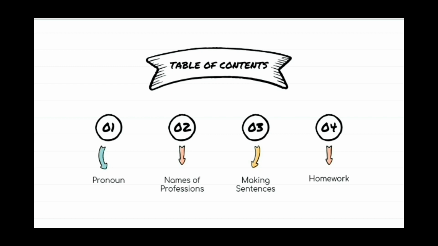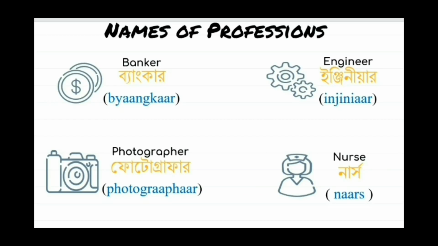Okay, so let's start. Here you can see 4 words: banker, engineer, photographer, and nurse. Some of you already have completed the reading and writing lessons. So if you have completed those, then you know that I have written the same thing again and again, right?